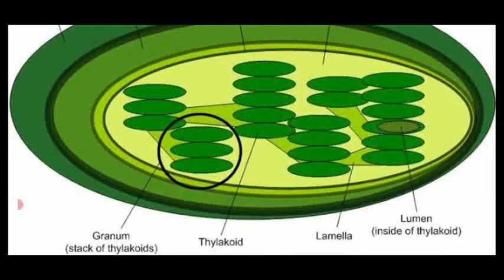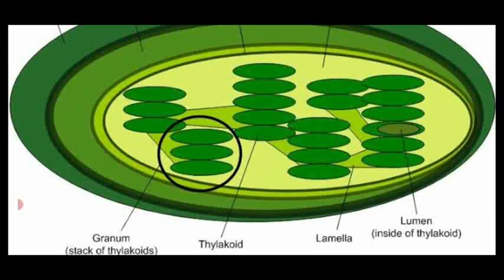In this chloroplast, the thylakoid region is the only site of the photosynthetic process. This region has different types of pigments. Chlorophyll A is the primary pigment. Chlorophyll B, carotenoid and xanthophyll are accessory pigments. Accessory pigments means helping pigments.